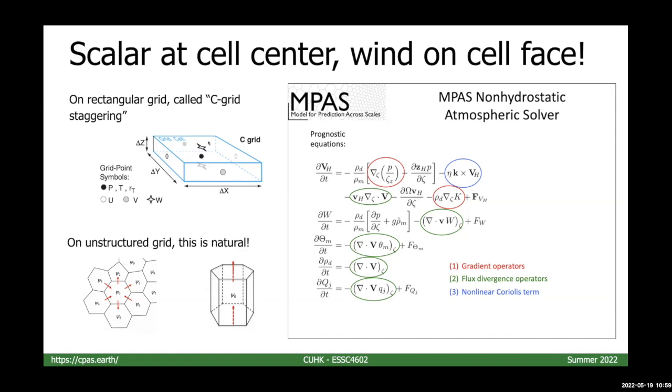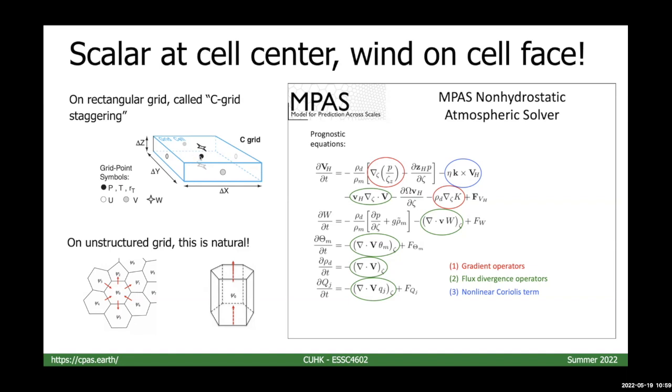Actually within the cell, temperature and pressure have some little variations. Usually we take the average over the volume of the cell and then represent it as a number at the center of the cell.